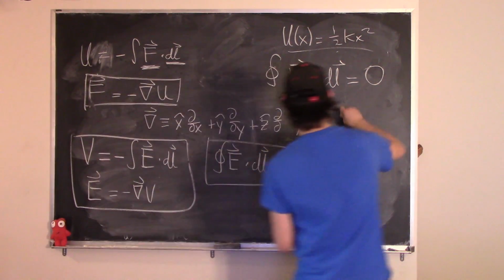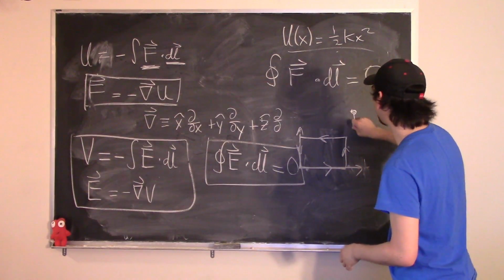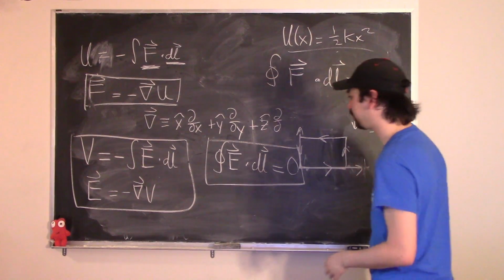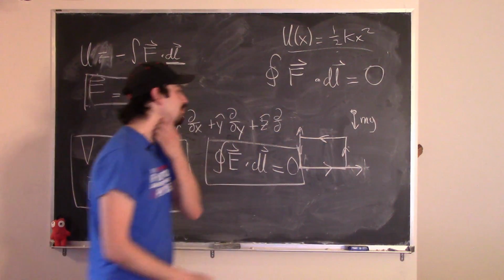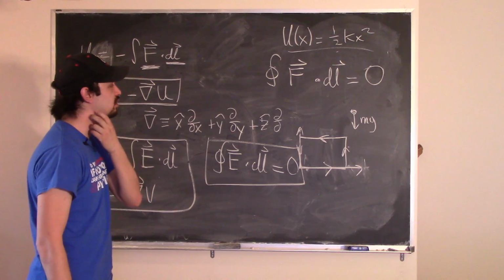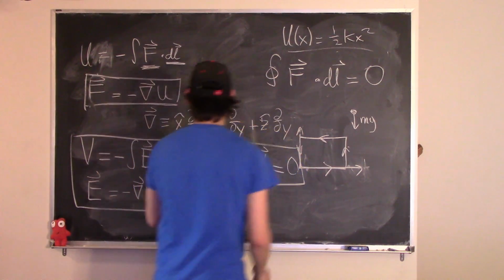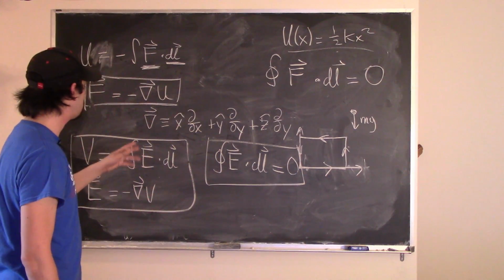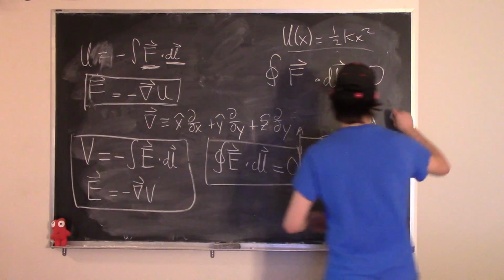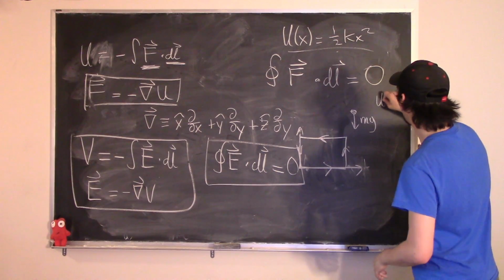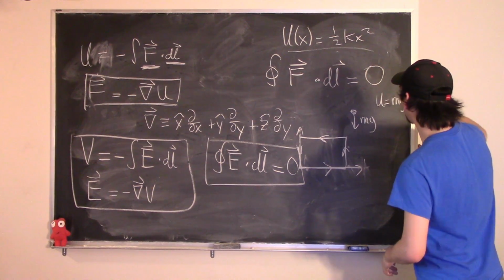If I go back to this example with this mass mg, or better yet, if I talk about the potential energy, U is equal to mgy.